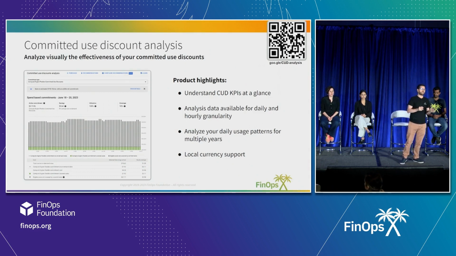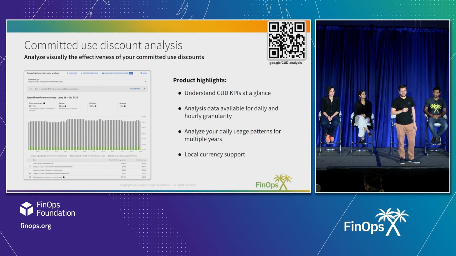Say you bought a couple of CUDs or commitments, and you want to make sure that you're utilizing them and saving. You want to answer questions like, how much is this CUD helping me save? Or do I have more opportunities to go even further and optimize my costs through buying additional commitments? So this is the tool for you.